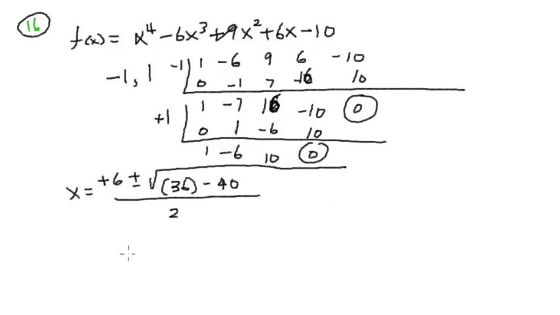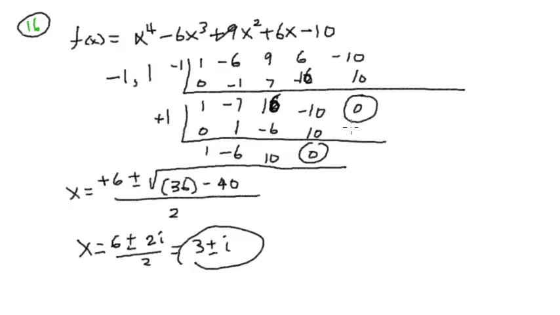That's going to give me 6 plus or minus the square root of -4, which is 2i, over 2. Dividing both of those by 2, I get 3 plus or minus 1i. So there are my other two zeros, and I have found all the zeros.